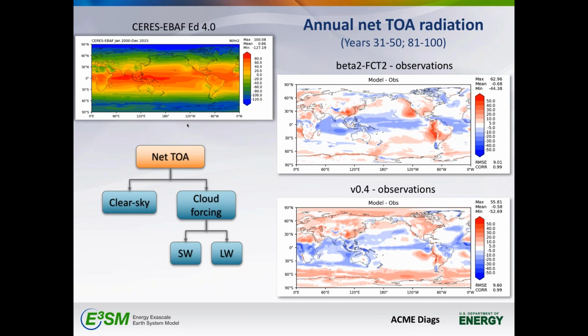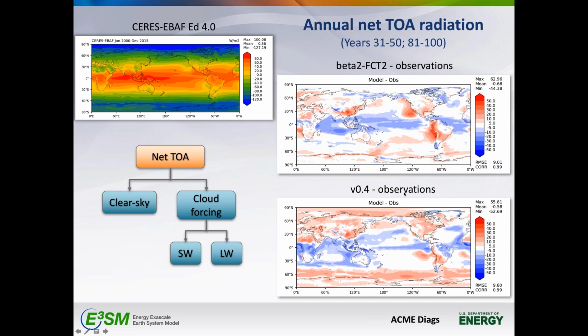Now looking at a few actual fields, starting with the net radiation at the top of the atmosphere. And I'm comparing years 31 to 50 for Beta 2 FCT2 and years 81 to 100 for the reference V0.4. So it's not exactly the same years, but it's a perpetual 1850, so it's acceptable.